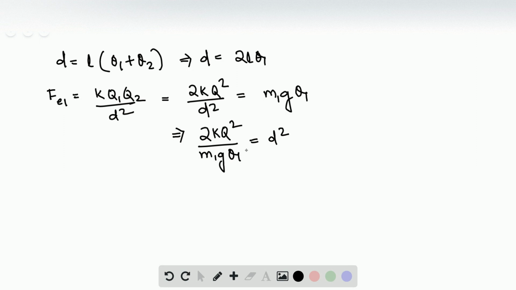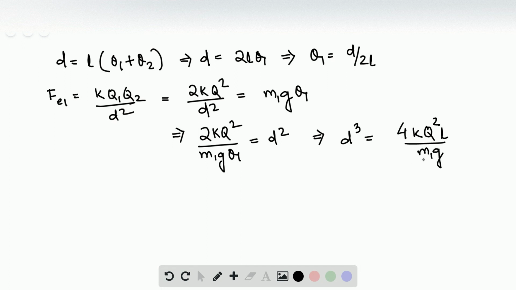Now we can solve theta 1 in terms of d using this equation. So we get theta 1 is equal to d over 2L, and we can use this value over here in place of theta 1. And this will give me d cube is equal to 4kQ square L over m1g.